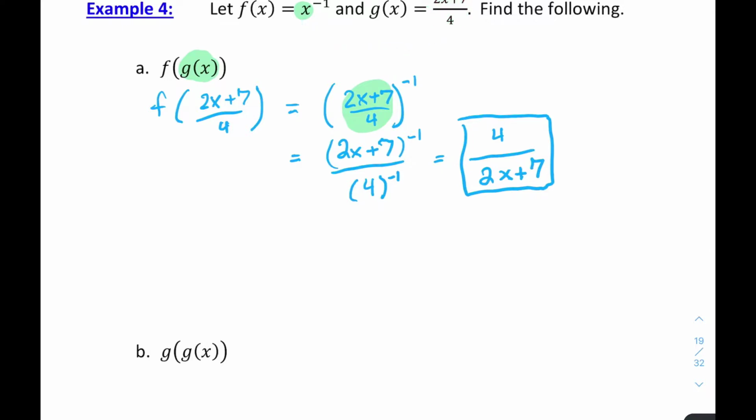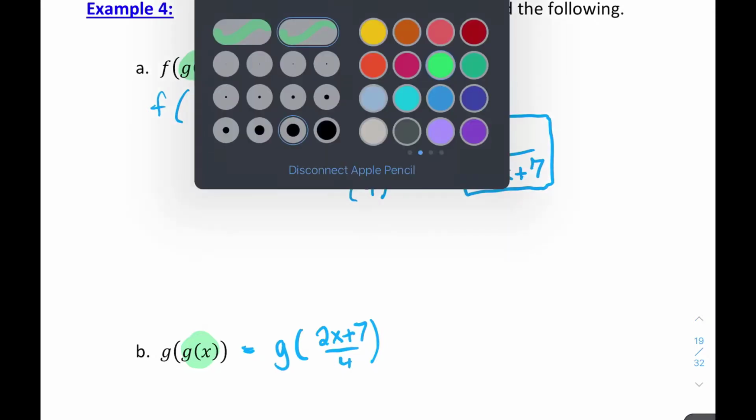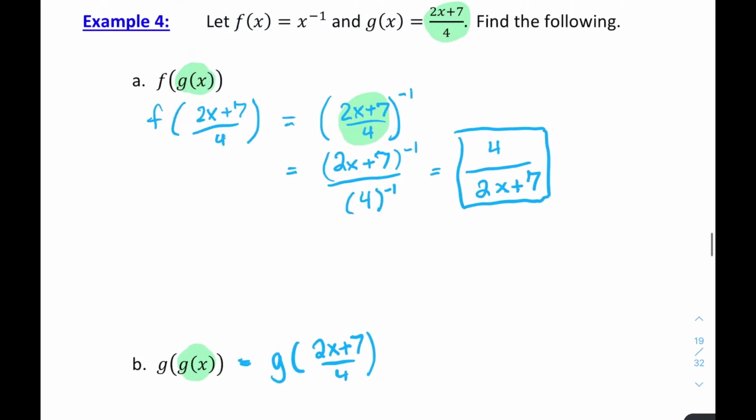Now g of g of x is kind of like a weird little, oh my goodness, it's nested inside of itself type thing. So you're going to take g of x, that fraction, and you're going to plug it back into itself, basically. So you're going to take 2x plus 7 over 4, and in that same fraction, replace your variable with 2x plus 7 over 4.